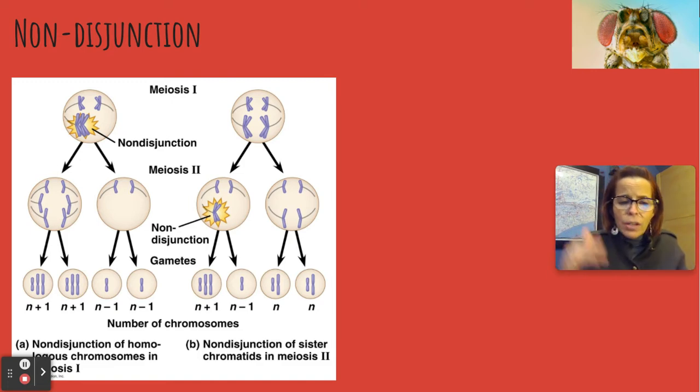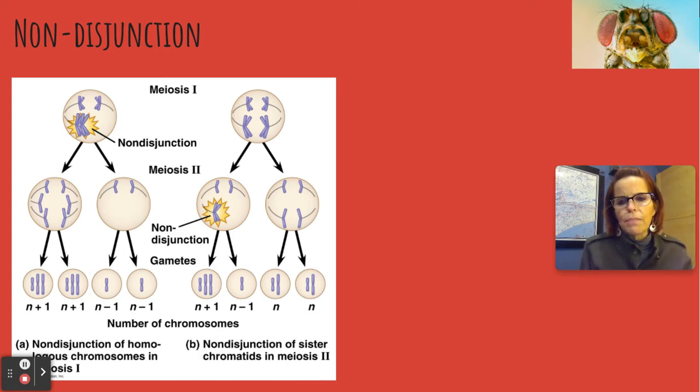The first two gametes on the right are normal. If they were human, they would have 23 chromosomes. It's the two on the left that have the wrong number. The one on the far left has an extra chromosome, so it has 24 chromosomes, and the one next to it has 22 chromosomes.